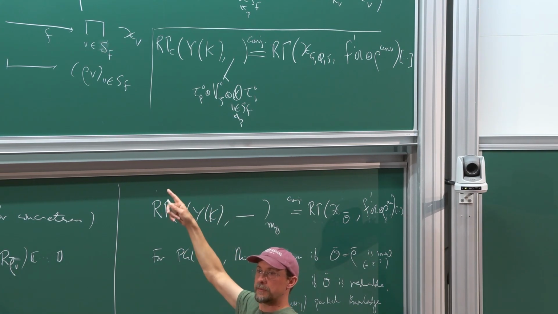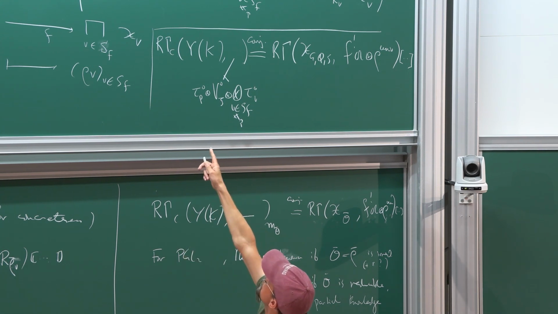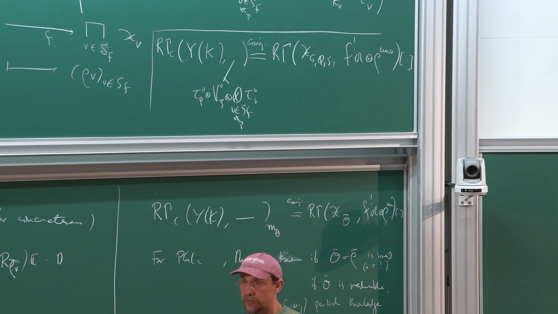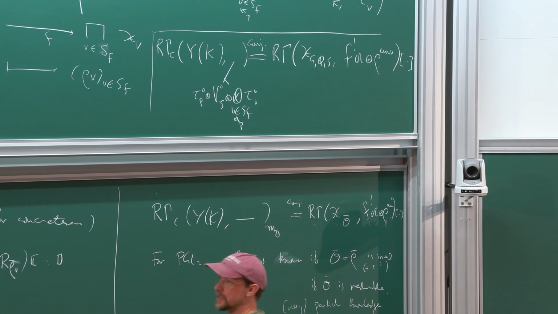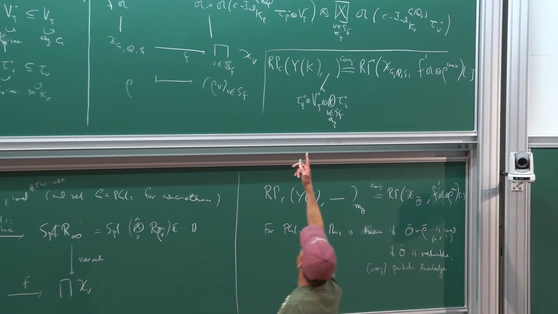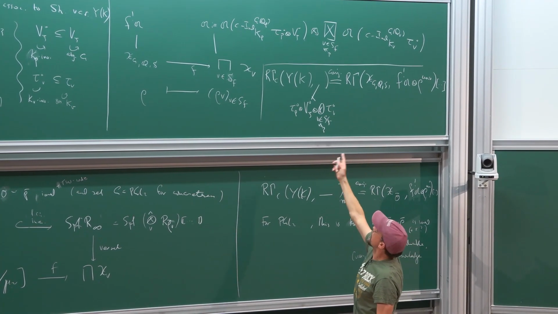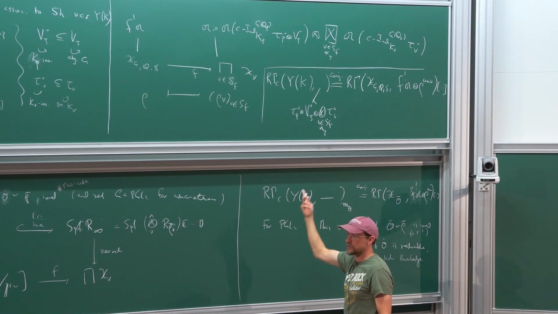So that means there are local Hecke algebras acting on the right-hand side, and they should match with the local Hecke algebras acting on the left-hand side. Like these compact inductions, the endomorphisms of a compact induction is a Hecke algebra. And exactly those same Hecke algebras act on the left-hand side, and this should be equivariant for those actions.